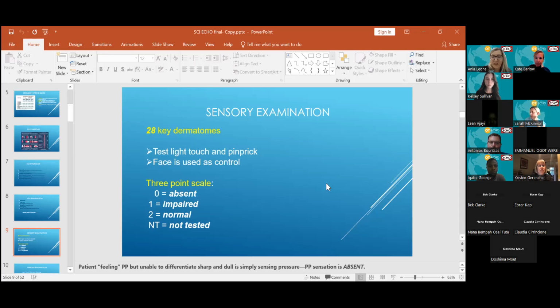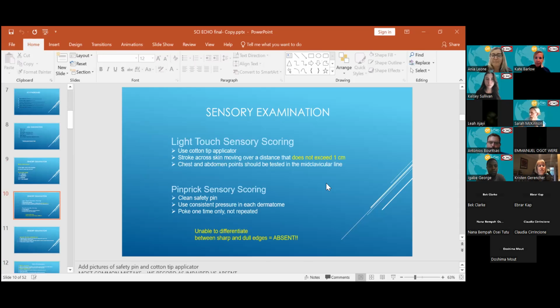There is a scale on the slide that you're going by. It's either absent, impaired, normal, or not tested. You may have a reason for which you cannot test, whether there are skin integrity issues or any other reason where you wouldn't test that particular area. Like I mentioned, you're going to use a light touch cotton tip applicator.